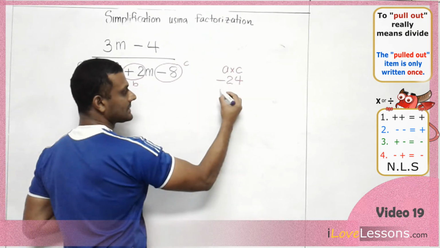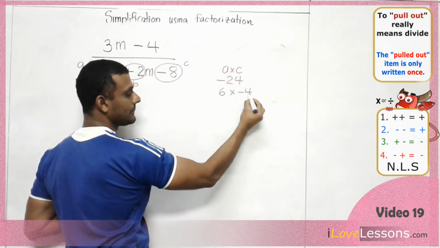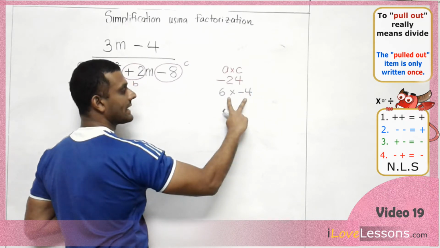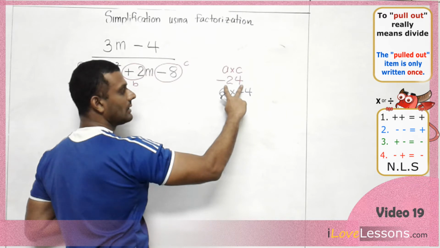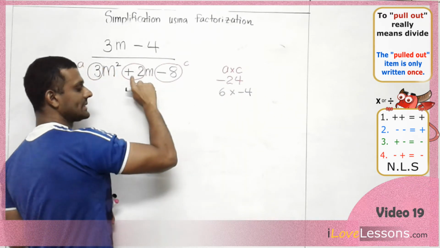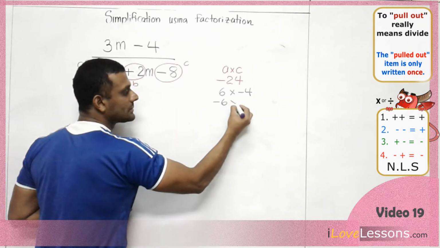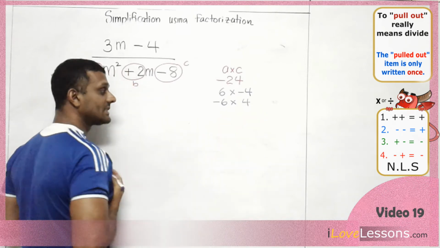Now, there's two things that come to mind. How about 6 by minus 4? If we multiply these two, we get minus 24, and if we add 6 and minus 4, we get positive 2. Now remember, some people might make the mistake and say, but I'm going to use minus 6 by positive 4.